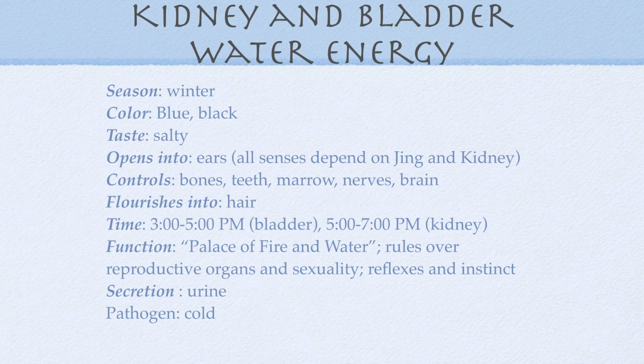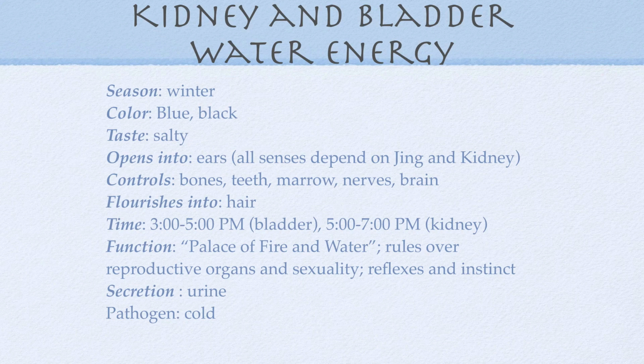So, that being said, let's look at the characteristics that are traditionally given to the kidney and bladder energy. The season that is associated with that energy is winter. Remember I told you it's kind of like the unconscious. It's the time when things are not expressed, where they're in hiding, where they're waiting.